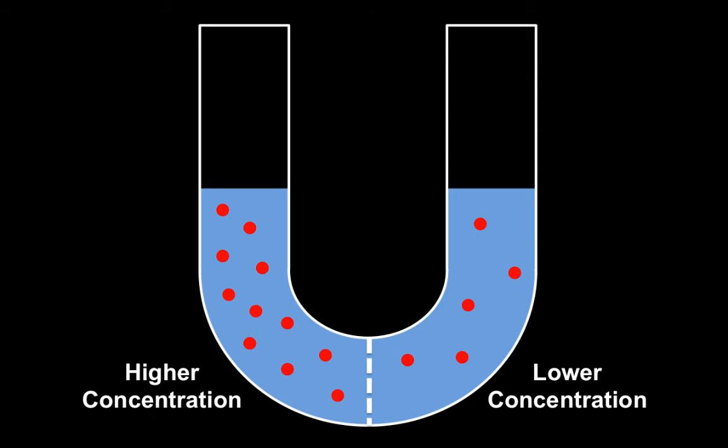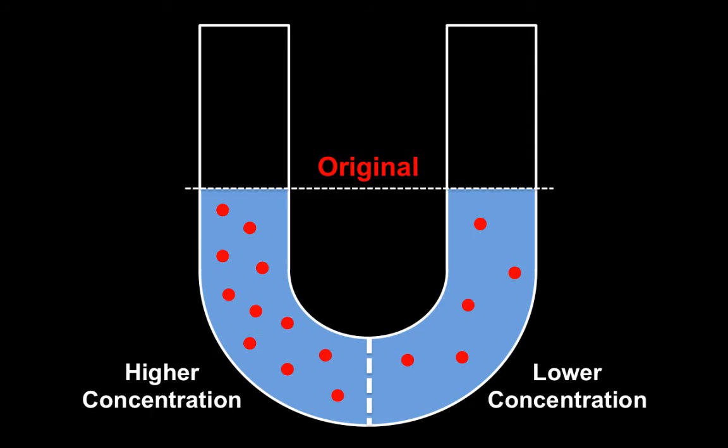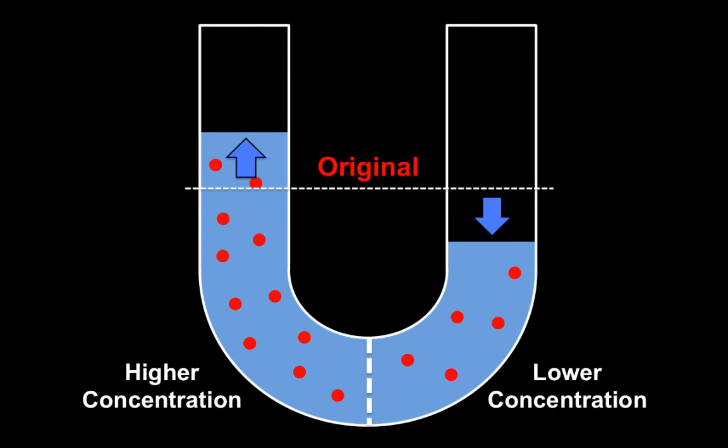And since water moves to the higher number, it's going to move to that higher concentration. Now I've drawn this line to show you where the original water line is, because if water is moving, then the water level is actually going to shift. There will actually be less water on the right side than on the left side, and the water is going to move to try and equal out the concentration and reach equilibrium.